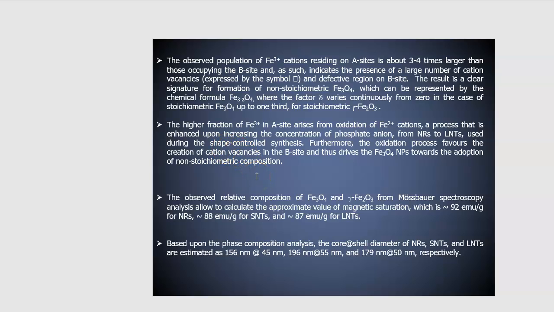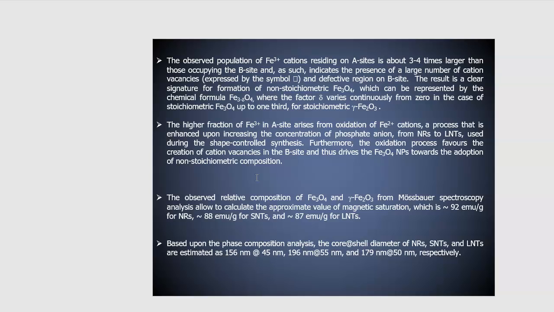A higher fraction of iron 3+ in the A site arises from oxidation of iron 2+ cations, a process that is enhanced upon increasing the concentration of the phosphate anion from nanorings to long nanotubes.